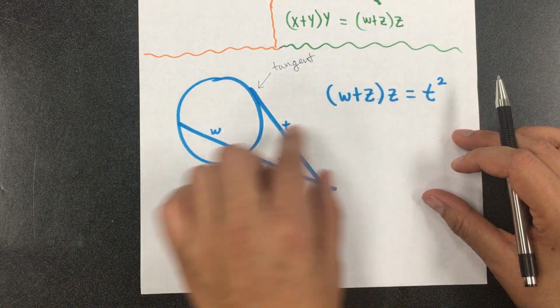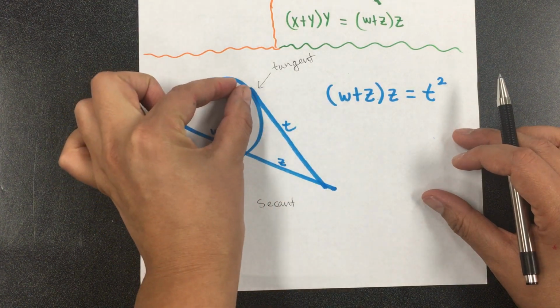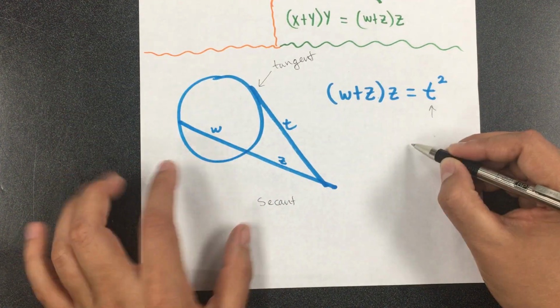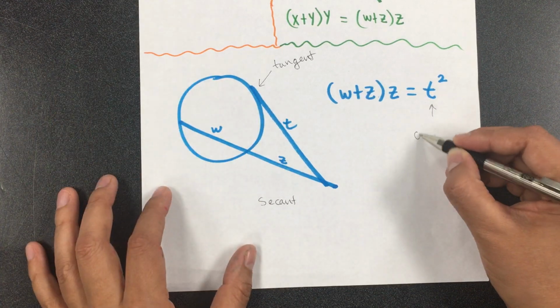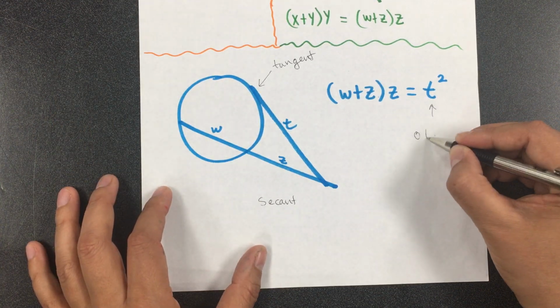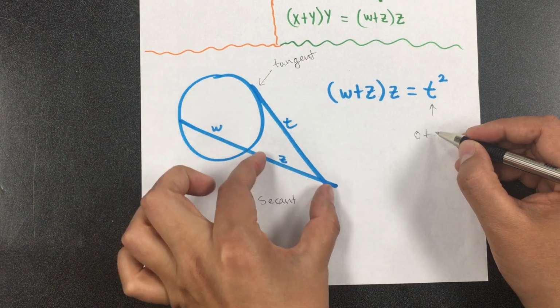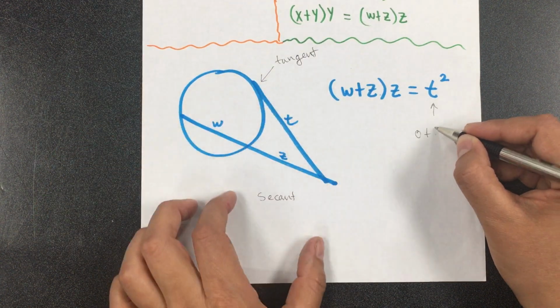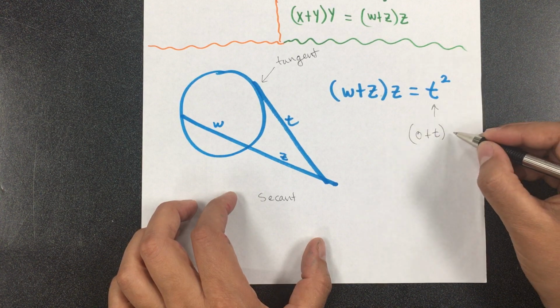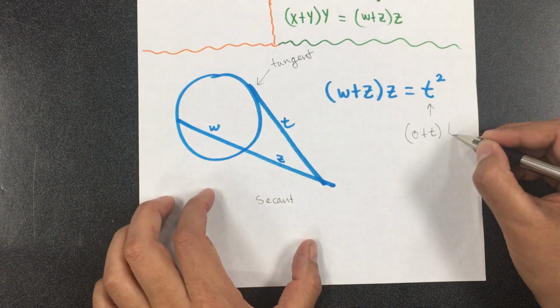The only thing is that when we're adding the section inside, we don't have anything inside, so we have 0 plus the section outside, right? Like inside plus outside, which is t, multiplied times the section outside, which is t.